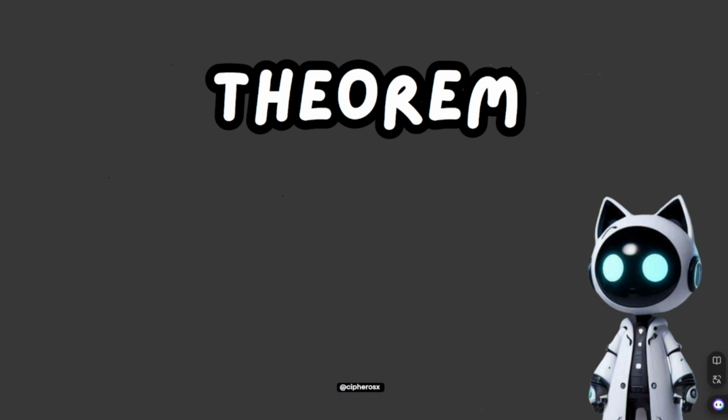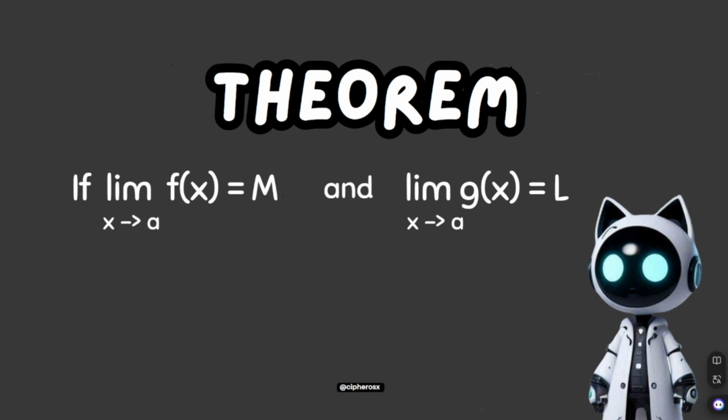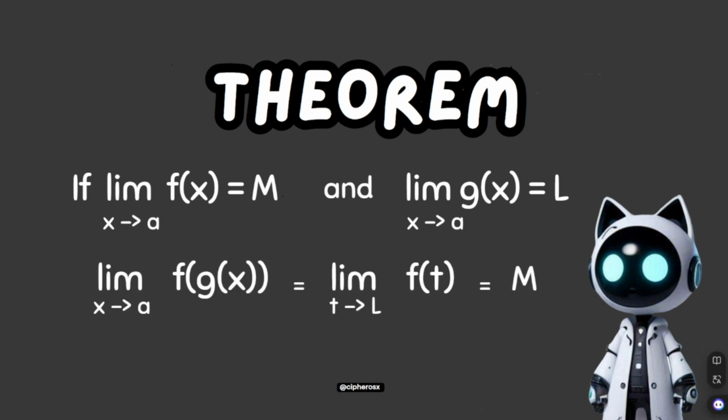So we're gonna find the limits of these functions, treating these ones as if they were composite, and checking also this theorem. If the limit of f of x as x approaches a, from less or greater values, is m, and the limit of g of x as x approaches a is equal to l, we're gonna get something like this.